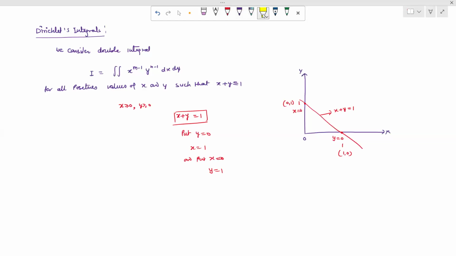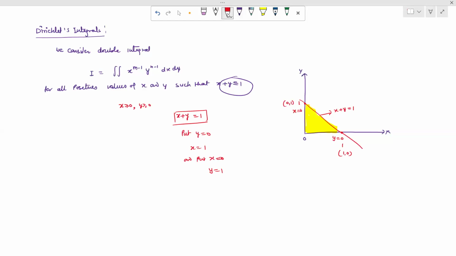Now when we consider the region for all positive coordinates, this is our common shaded region. Below the line, x plus y is less than or equal to 1, on the boundary or inside the boundary. So this is our region.